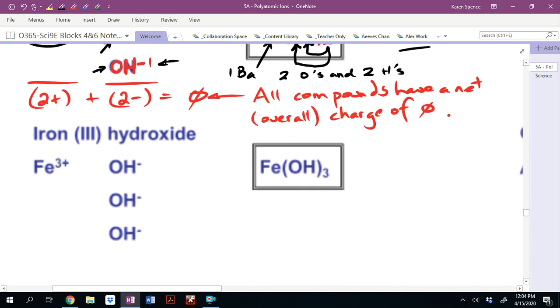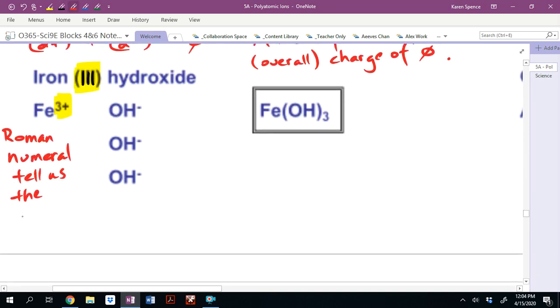We can take a look at iron 3 hydroxide. Remember that 3 does not mean that we have 3 irons. That 3 tells us the charge of iron. Remember, the Roman numeral tells us the charge of a single ion.